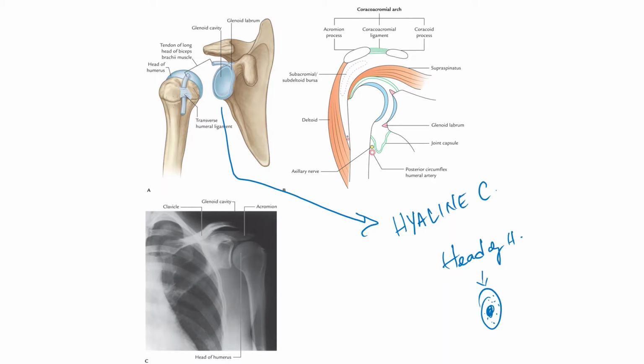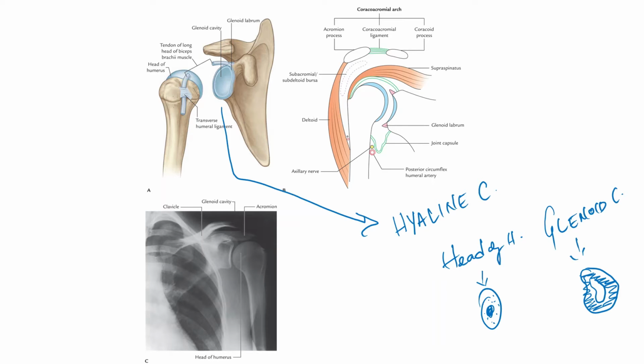Whereas on the other hand, in case of the glenoid cavity, the cartilage is thick at the periphery, whereas it is thin at the center.